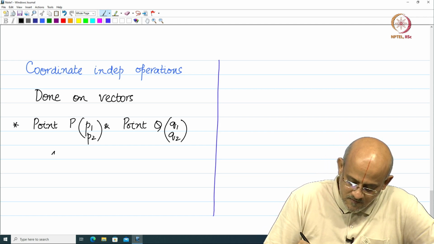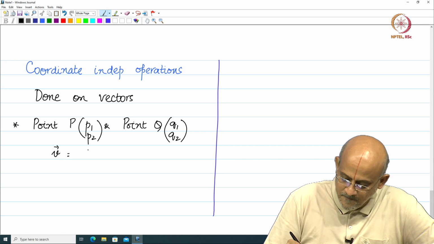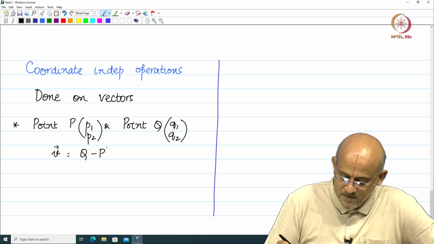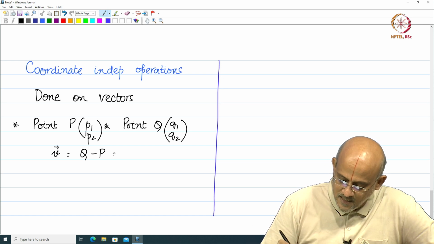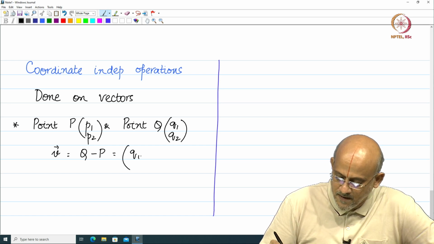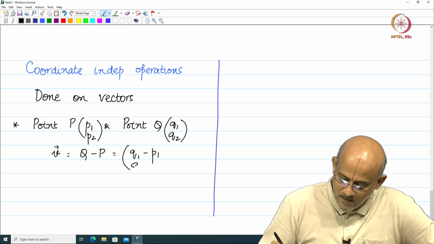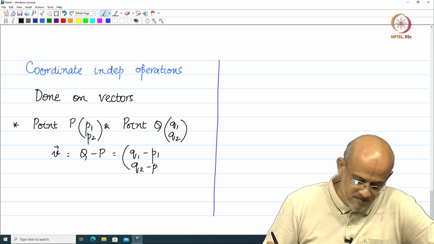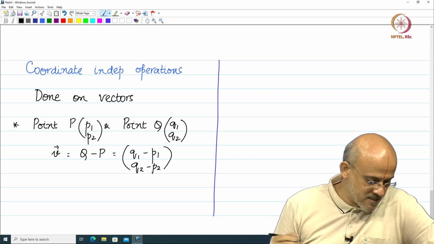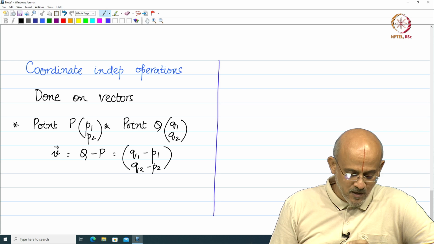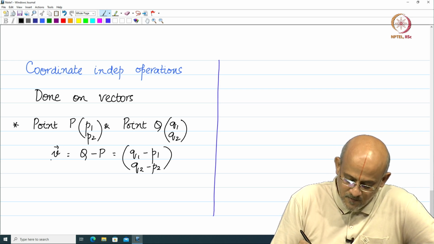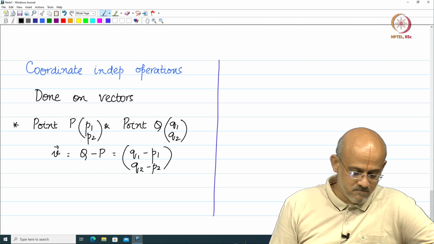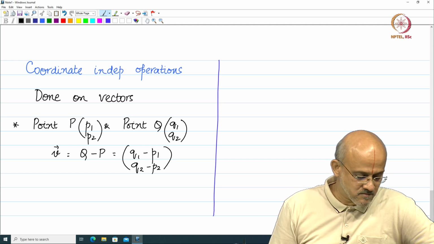Then we know that the vector V is given by Q minus P. That means you want to move from the point P to Q. So the direction is given by Q1 minus P1 and Q2 minus P2. That means if you subtract a point from another point, we get a vector.